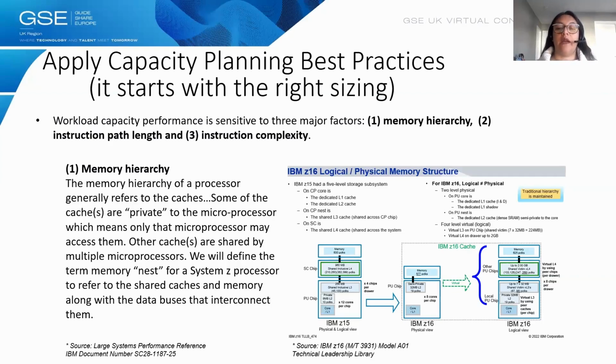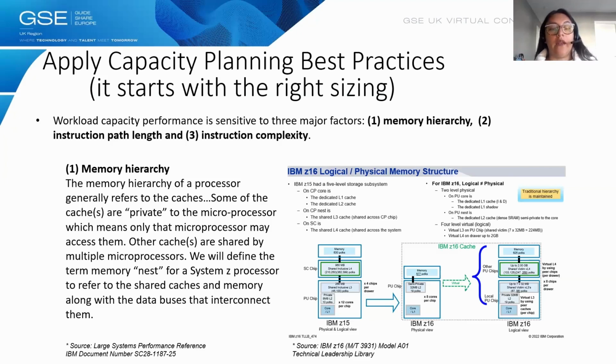So why does it matter to capacity planning? Imagine that the data being processed in the system is fetched from the L1 and L2 caches, the dedicated caches. They tend to spend fewer CPU cycles per instruction, right? Because they are closer to the PU.